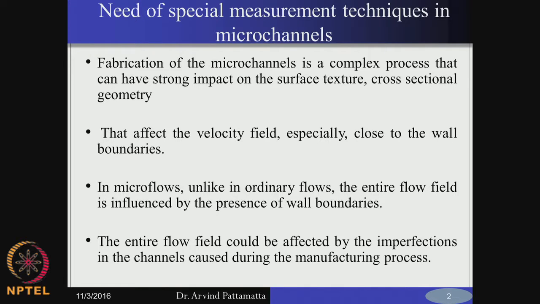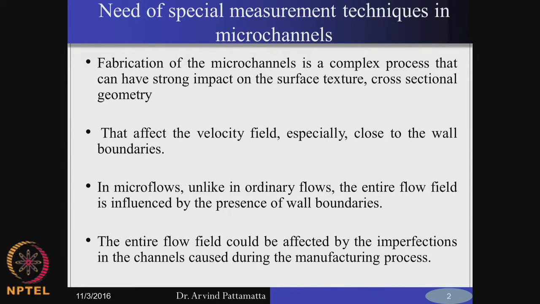One of the first things that you want to start with at the micro scale is, once you fabricate a micro channel, for example, you want to calibrate the diameter or dimension of the micro channel. Let us assume that this micro channel is fabricated in such a way that you have a certain roughness.